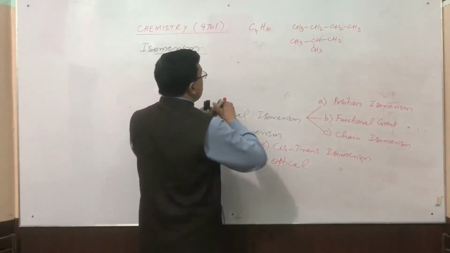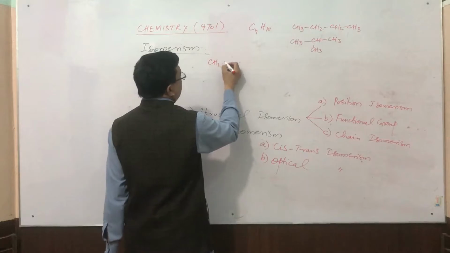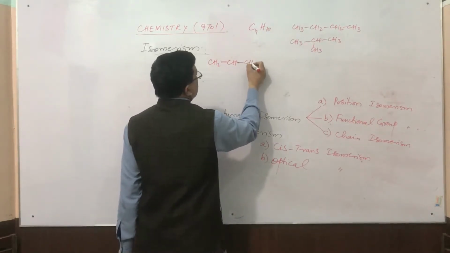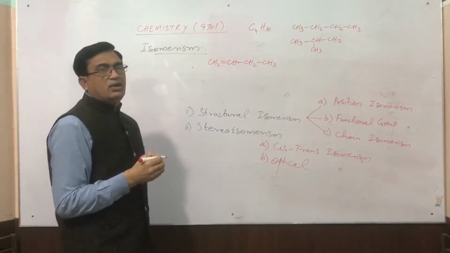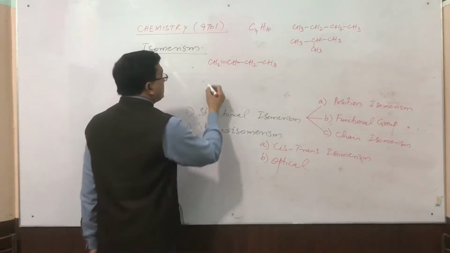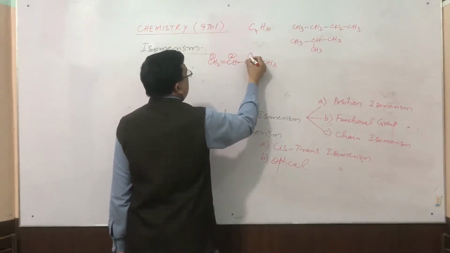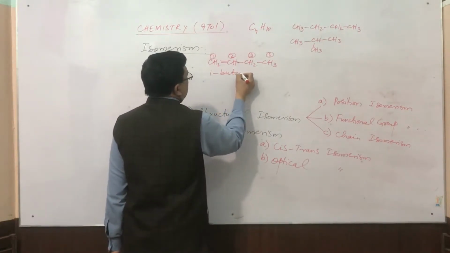Now, an example of position isomerism: CH2, CH, CH2 and CH3. Numbering 1, 2, 3 and 4, this is 1-butene.